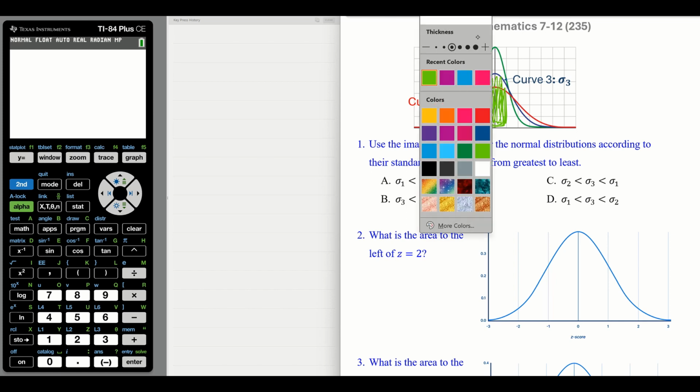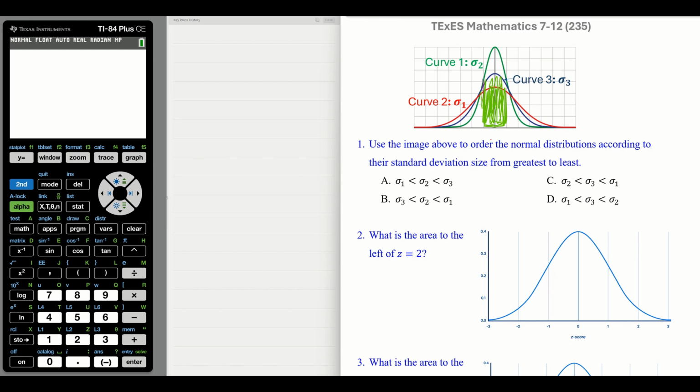So the narrowest standard deviation would be the green. And then the next one would be our red. Actually, no, the blue. The red would be the largest. So see how it flattens out? If you measure against the green, you can get an idea that maybe that's one standard.